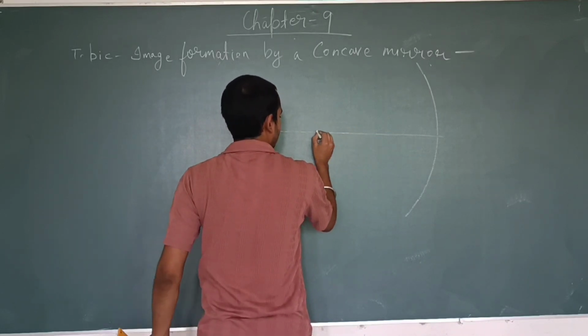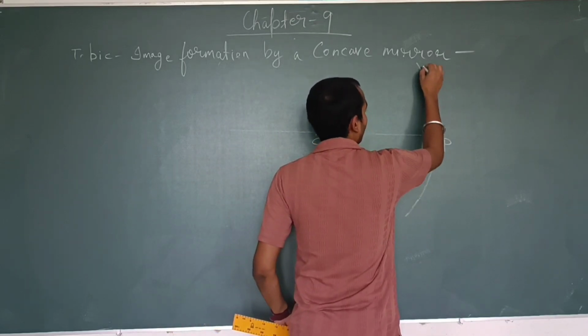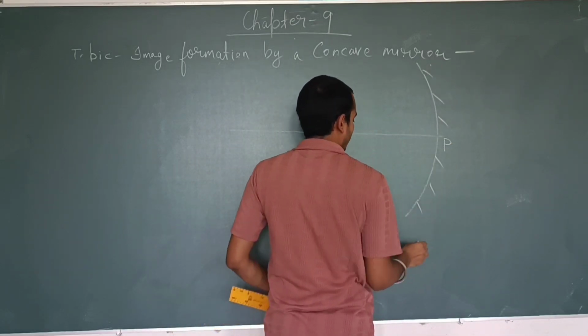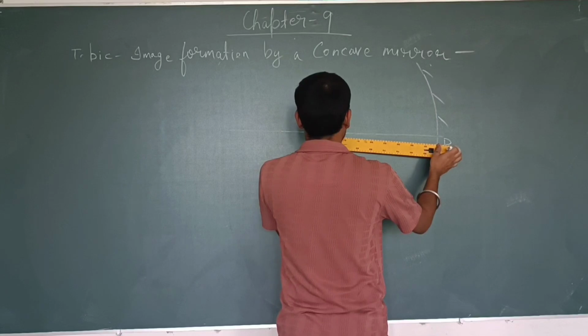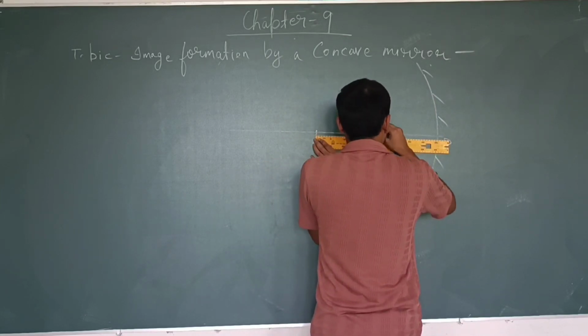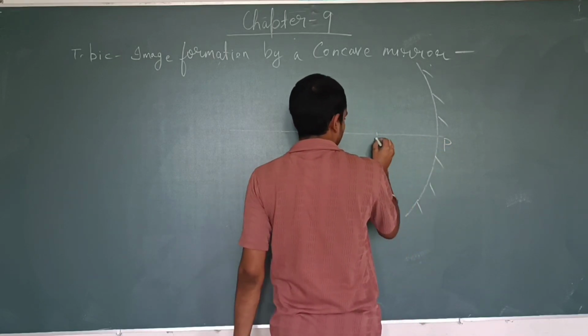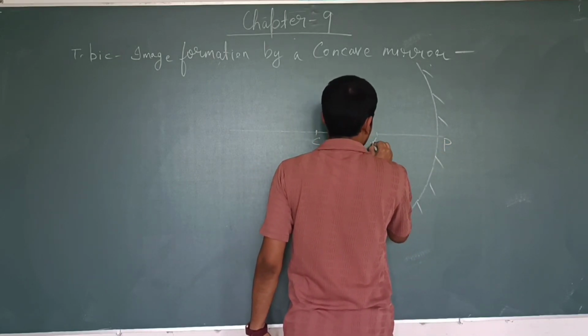This is the principal axis. This is the center of curvature. This is the pole, and this is also 45. So we will take the focus at 22.5 centimeter. This is the focus. Okay.